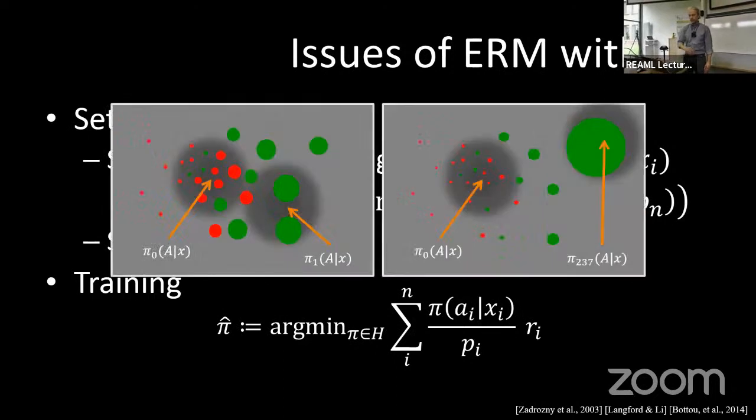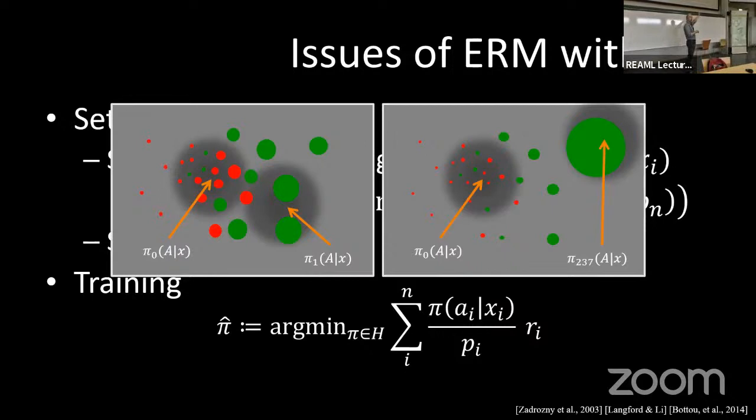Now, what happens? For policy pi 1, that's maybe pretty close to the logging policy. I upweight some of the points, I downweight some of the points, but it's still an average over a lot of points. But in my big hypothesis space of policies, there is this policy pi 237 that picks actions from way up in this corner.